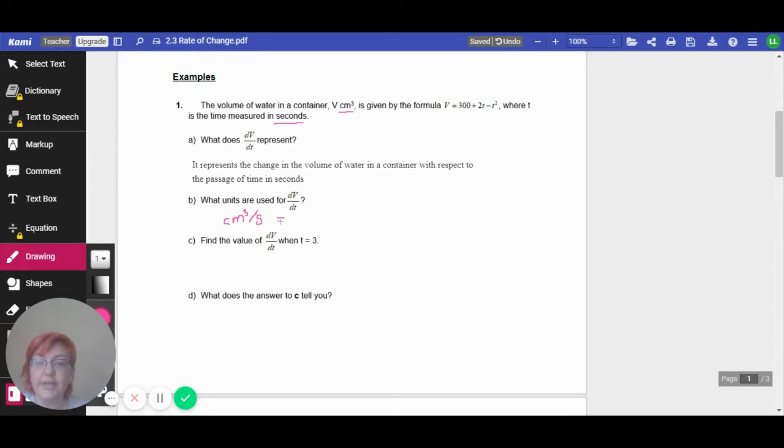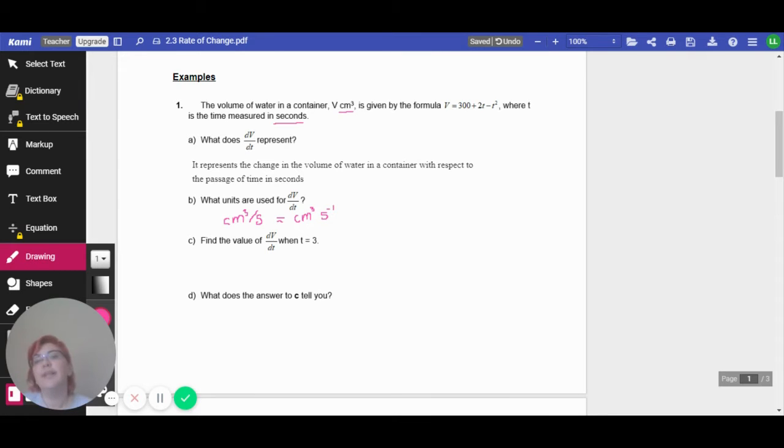Another way that we can write this is centimeters cubed, and then we pull seconds out of the denominator by making the exponent on it negative. Since that exponent is 1, it is s to the negative 1.